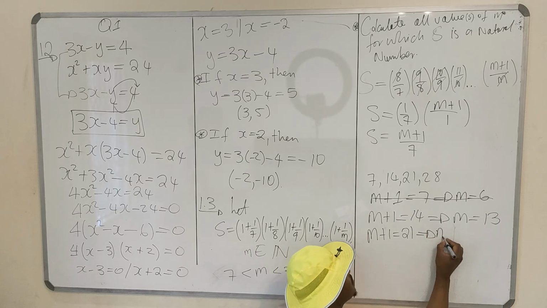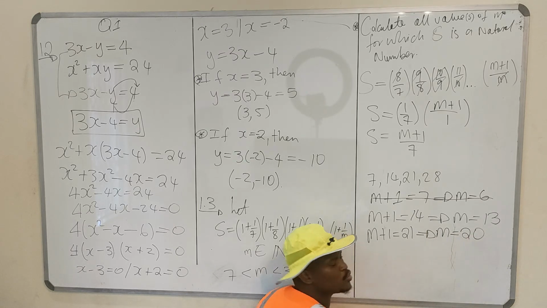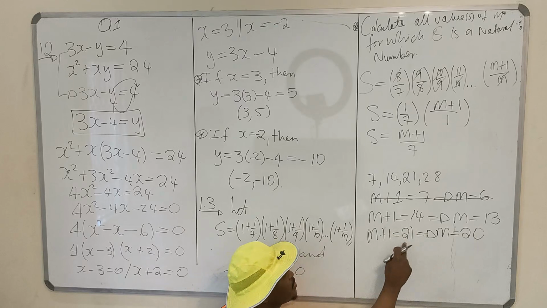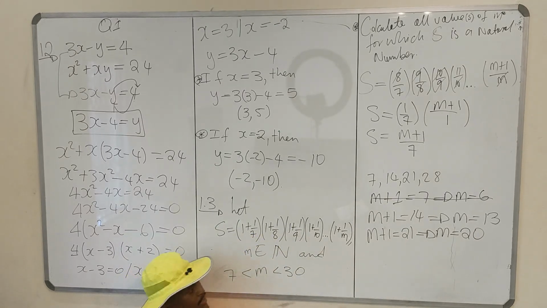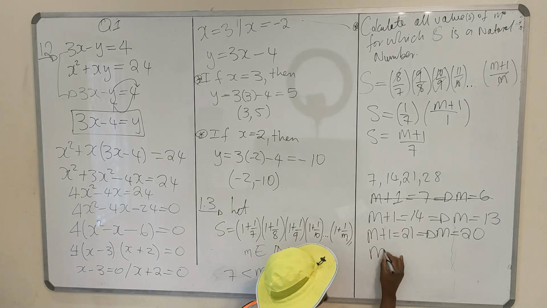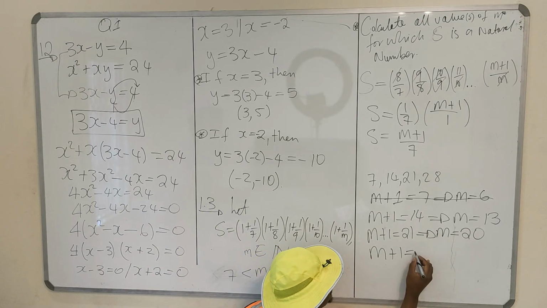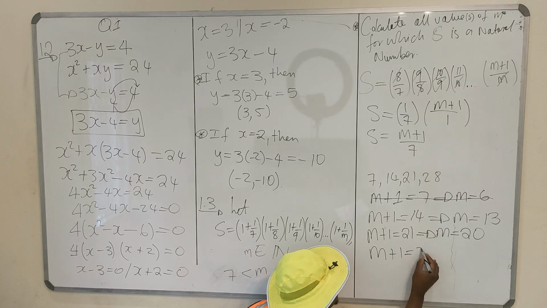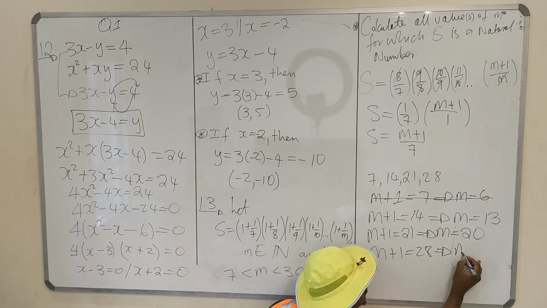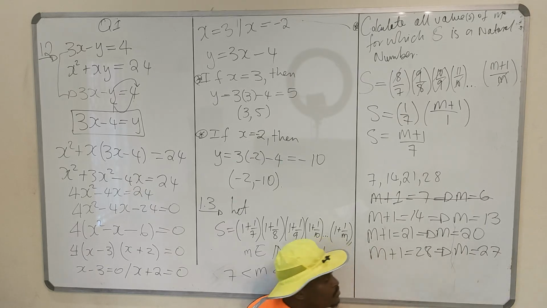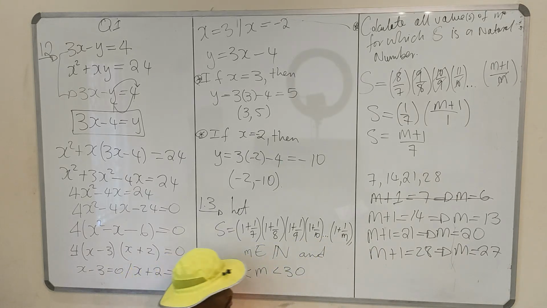Which means your m is equal to what? m is equal to 20, because you transpose this and solve for m. Will that one work? Yes. The next one is m plus 1 is equal to 28. Which means that your m is equal to 27. Will this one work? Done.